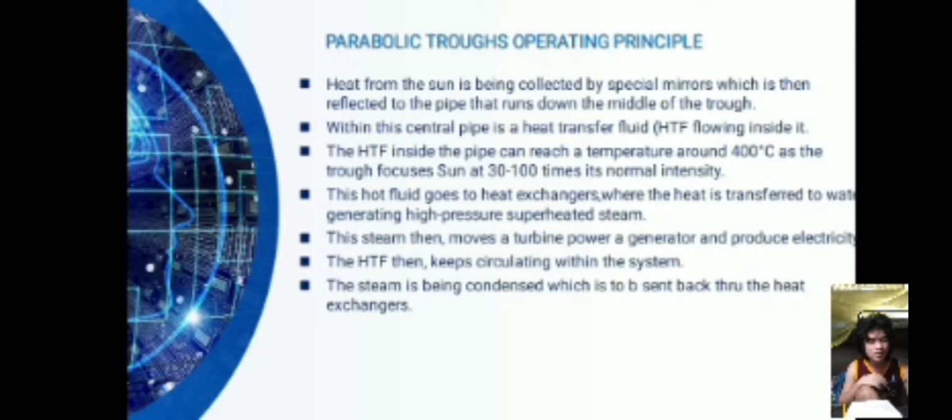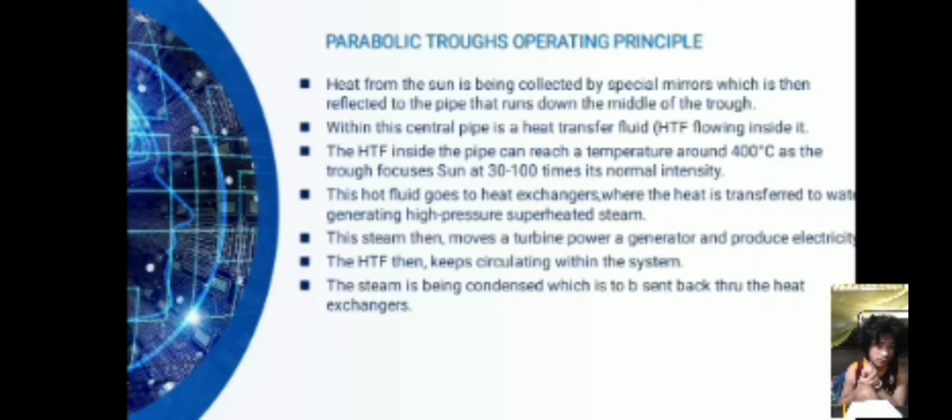So, the heat transfer fluid inside the pipe can reach a temperature around 400 degrees Celsius as it focuses the sun at 30 to 100 times its normal intensity. So, yung heat transfer fluid sa loob ng pipe na yon is kayang mag-reach ng 400 degrees Celsius because of the sun focusing at 30 to 100 times its normal intensity.